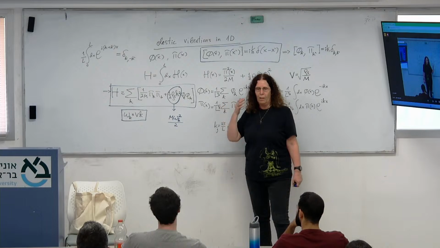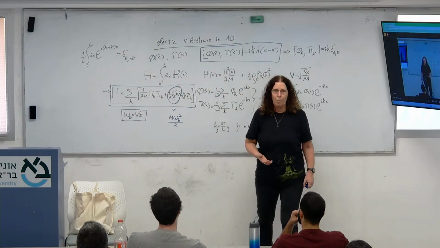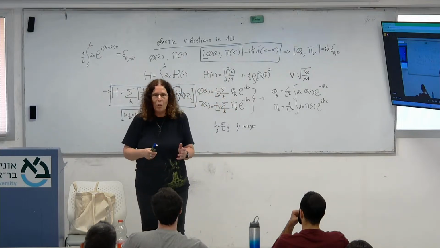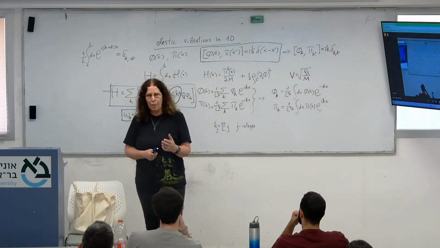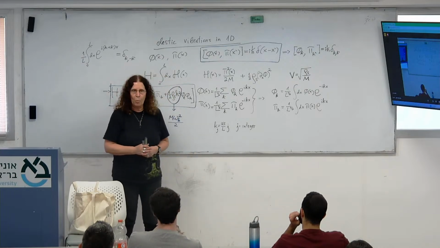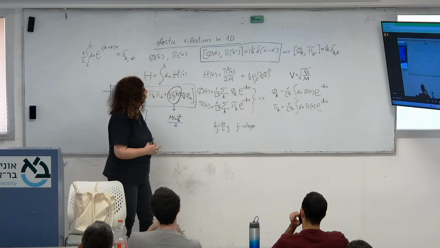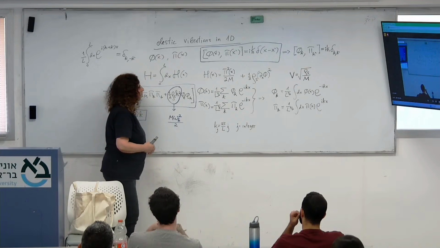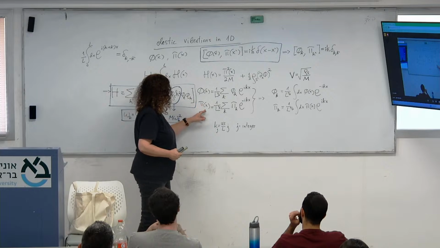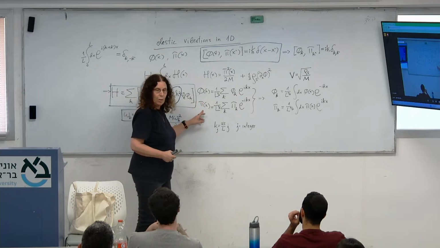You remember that any physically measurable observable, when you quantize it, must be a Hermitian operator, okay? So phi of x and pi of x are Hermitian.